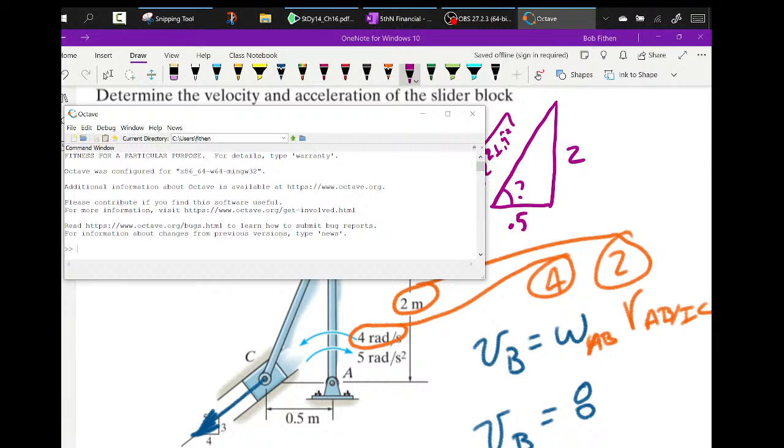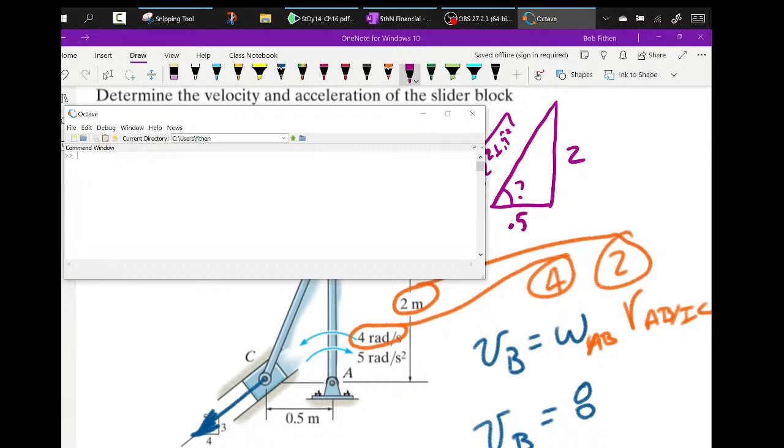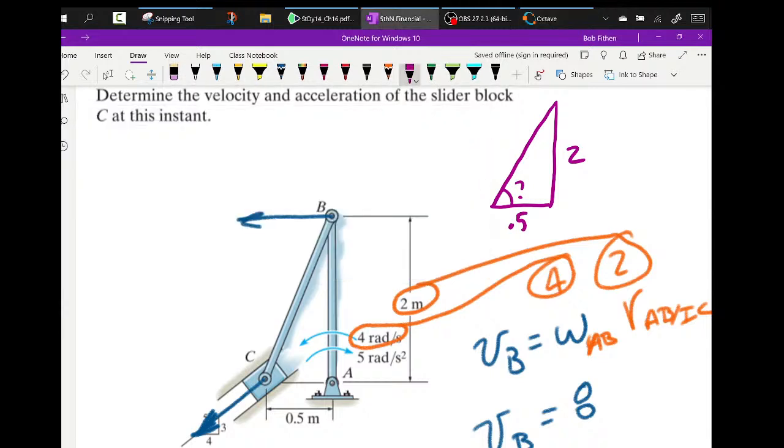Okay, I'm going to find this 2 different ways. Square root of 2 squared, which is 4, plus 0.5 squared, 2.0616. So 2.0616, I believe. I may be wrong.